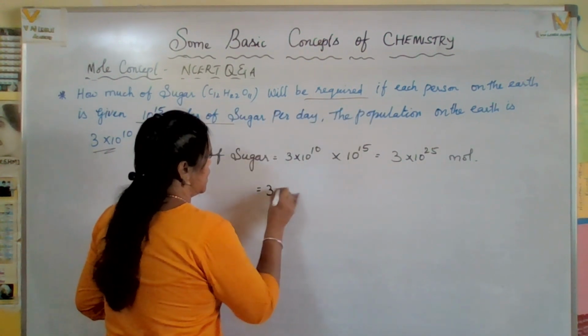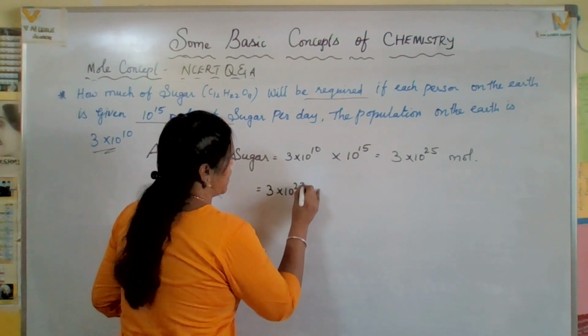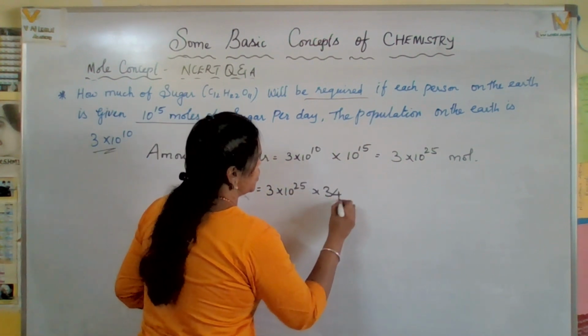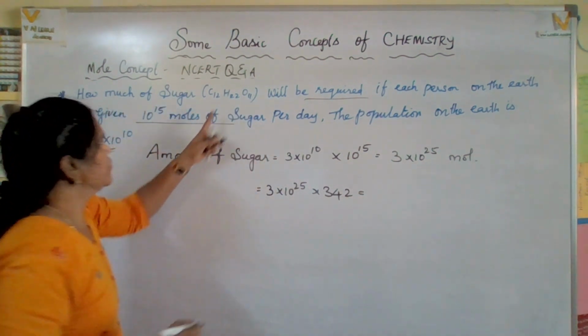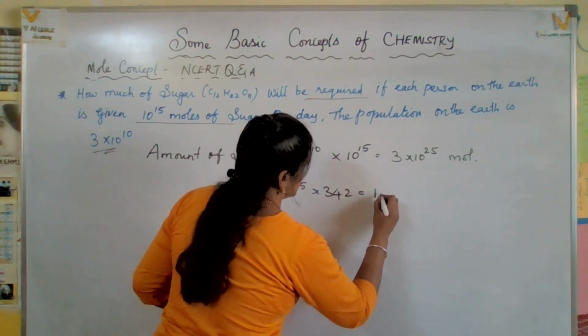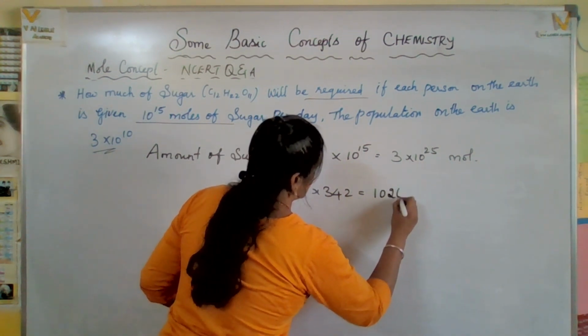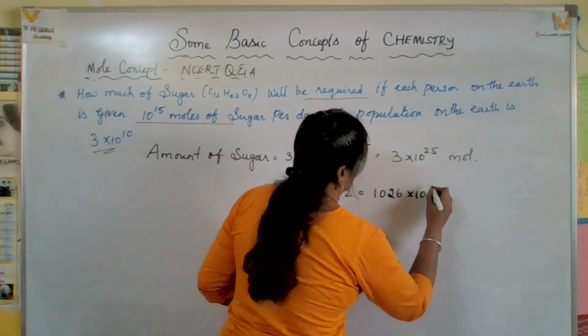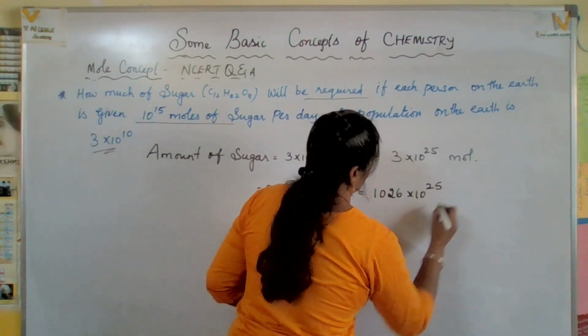So 3 into 10 to the power of 25 into 342. What is it? 342 is the molecular mass of sugar. So you will get 1026 into 10 to the power of 25 grams.